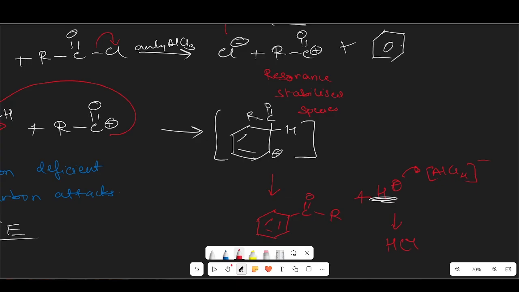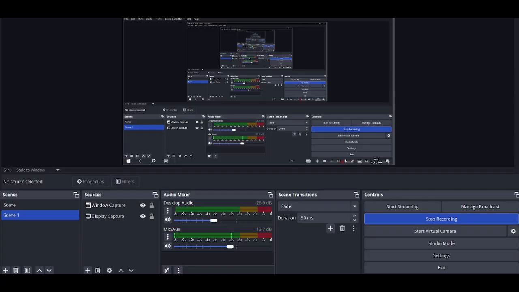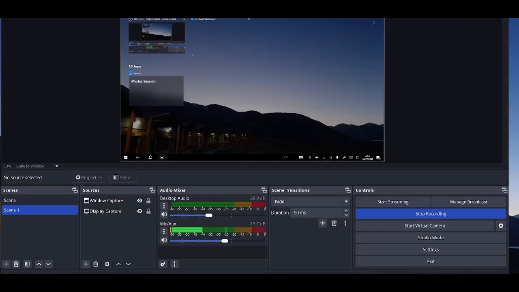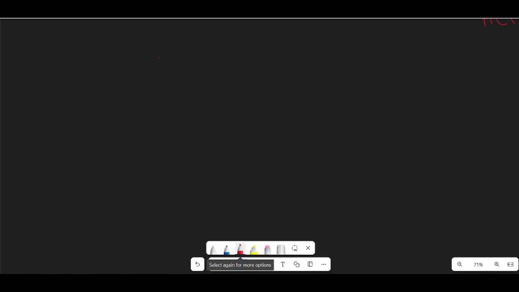So sulfonation basically means adding a sulfonic acid group to an arene. This is another aromatic electrophilic substitution reaction. So sulfonation, adding the SO3H group, which is the sulfonic acid group.